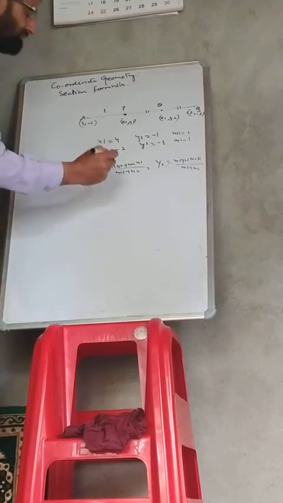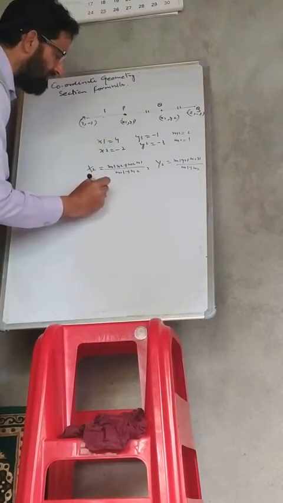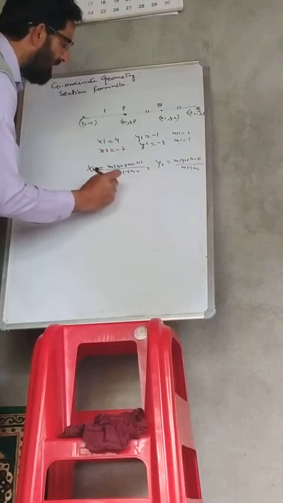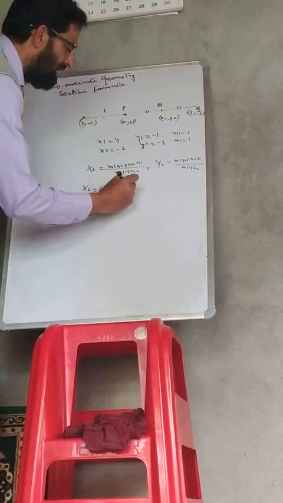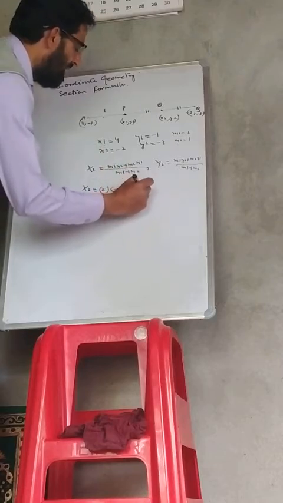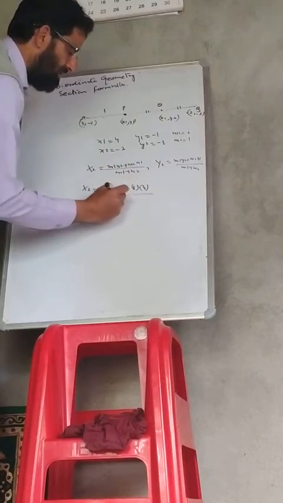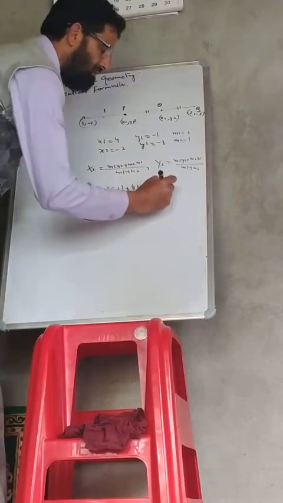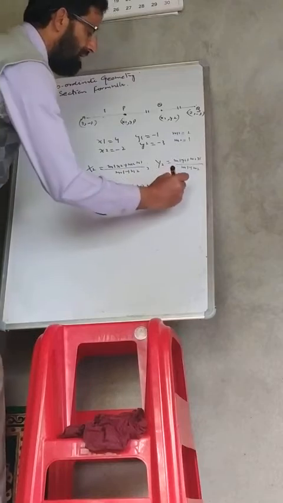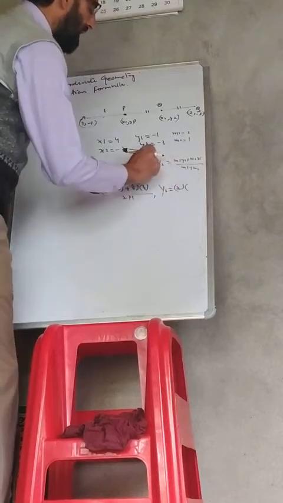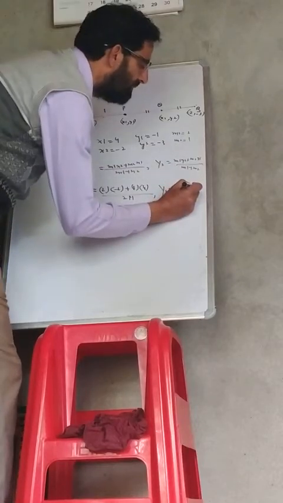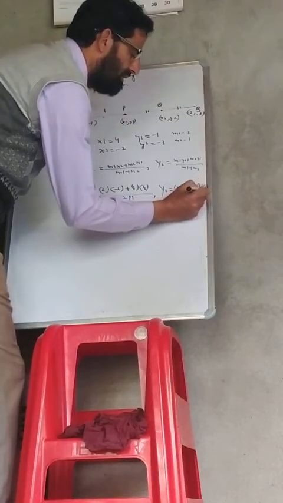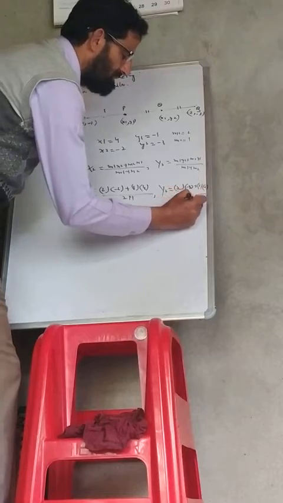So x2 is equivalent to M1, here it is 2 now, 2 into x2, it is minus 2, plus M2 is 1 into x1 is 4, divided by 2 plus 1. Similarly, Y2 is equivalent to M1 is 2 into y2 is minus 3, plus M2 is 1 and y1 is minus 1, divided by 2 plus 1.